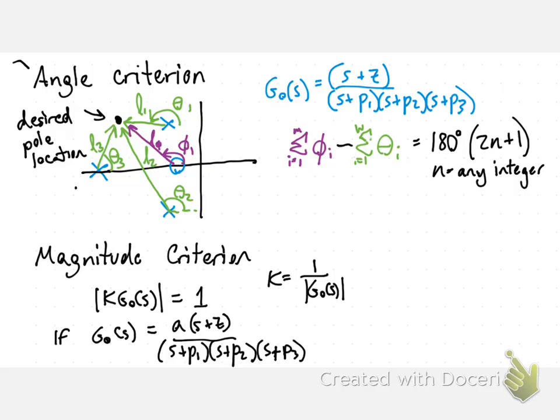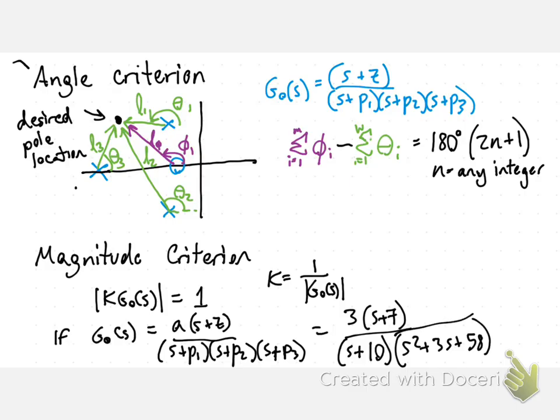So, for example, if we had 3s plus 7, over s plus, let's say -10, and here we have s squared plus 3s plus 58. I don't know, that looks underdamped to me. Then our a value would be 3. So if all of the terms in front of our s are 1, and we just take that amplification out, that would be our a for this example.